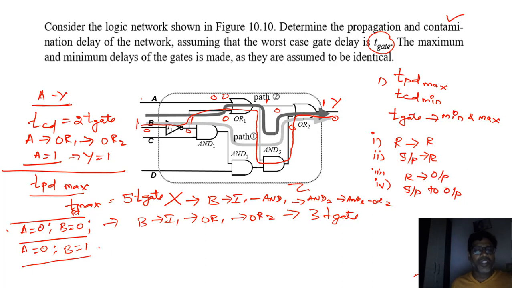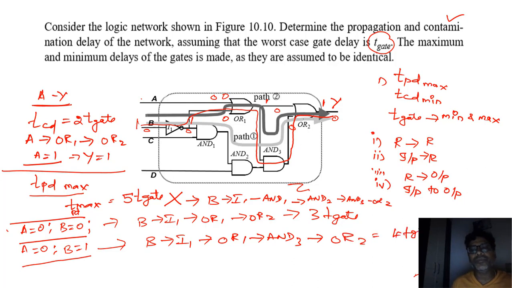For this combination, you could see it passes from B to I1, then R1, then AND 3, then R3, R2. So totally 4 T gate delay.